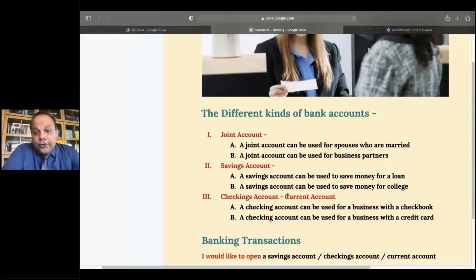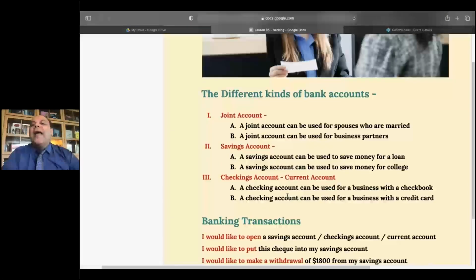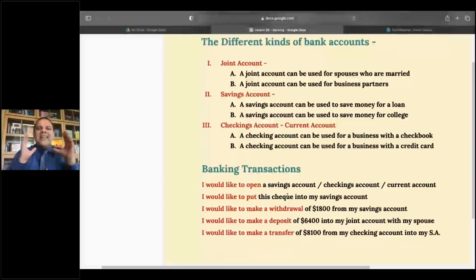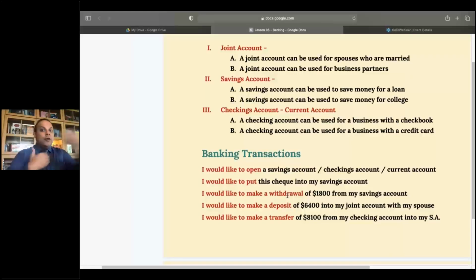So a current account or a checkings account is an account that is used to do business, with a credit card or with a checkbook. So if you want to have a business, then you need a checkings account. But the question right now is, when I go to the bank, what sentences can I produce to communicate?